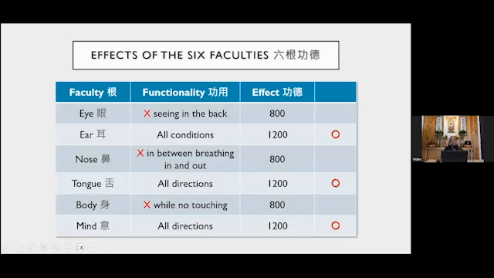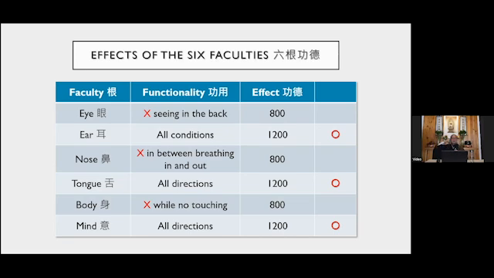Now, before Buddha starts, Buddha briefly explains the effects of the 6 faculties. Okay, for example, the eye. When we see things, right? If we use eyes to practice, when we see things, we need light, right?